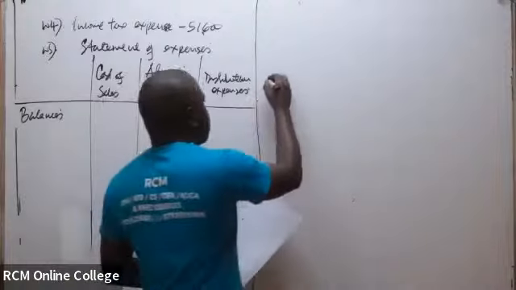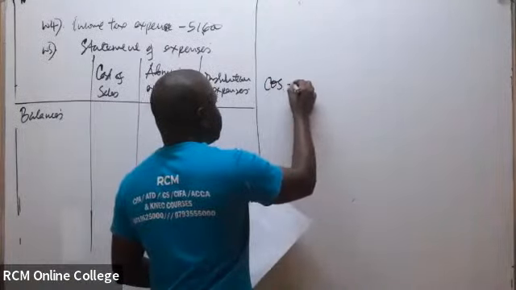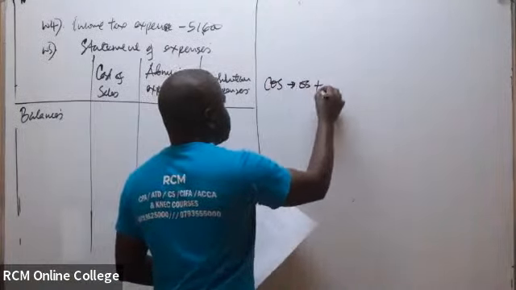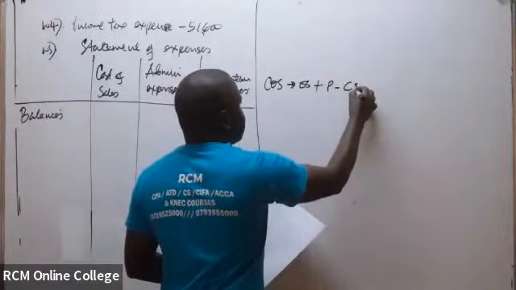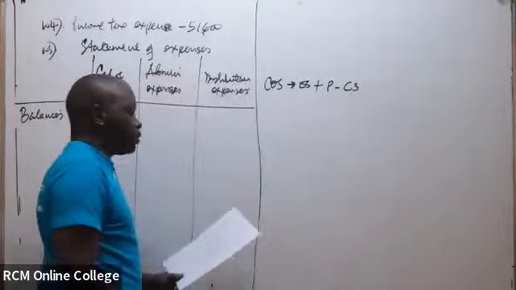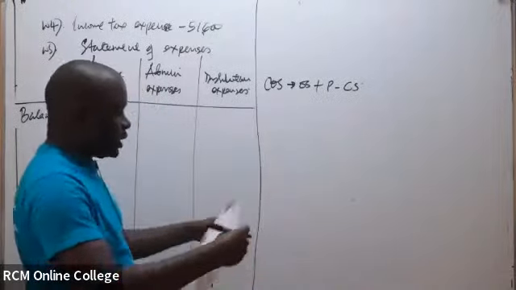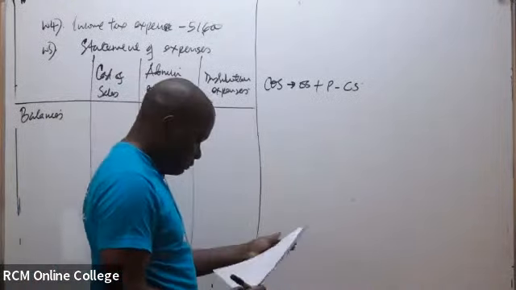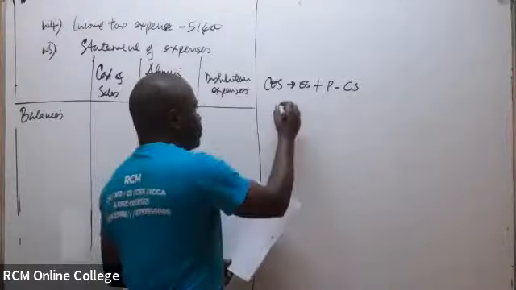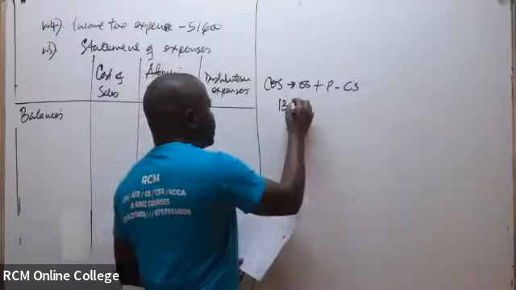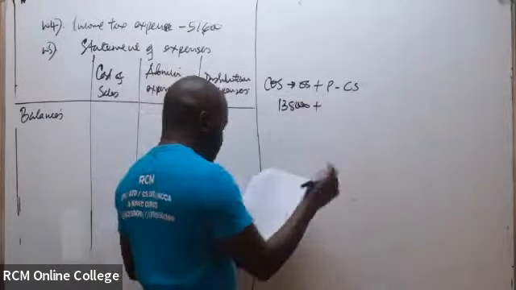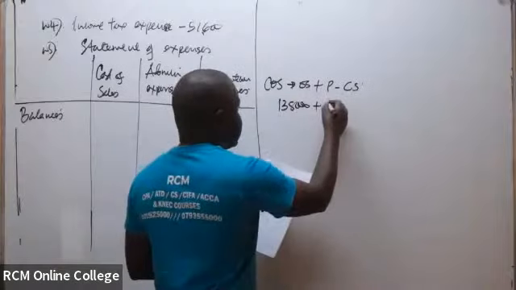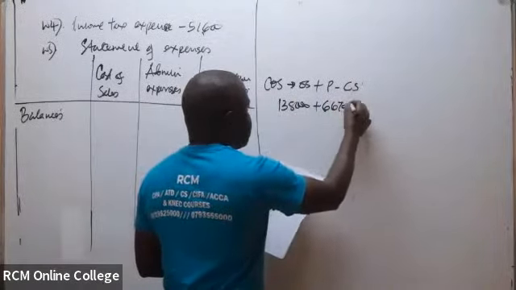So for the cost of sales, we will have the opening stock plus purchases minus the closing stock. The opening inventory is what you can see in the trial balance, an amount of 138,000. You add the purchases, which is 667,000.